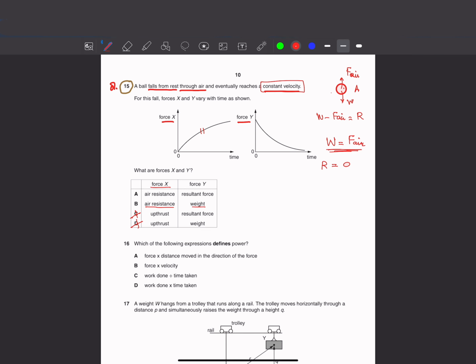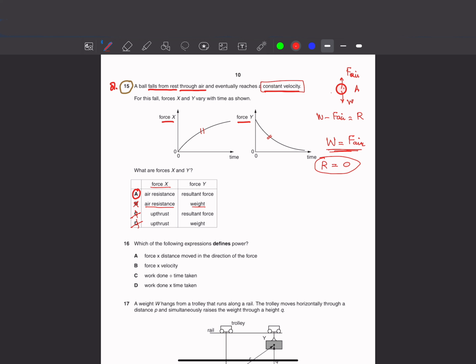So this is not a possible situation for weight, because weight is not decreasing. Only the resultant force is decreasing, and as I said, it will be somewhere close to zero at one point. But at least we can say that the resultant force is decreasing. So B is not a correct option. The only option remaining for us is A.